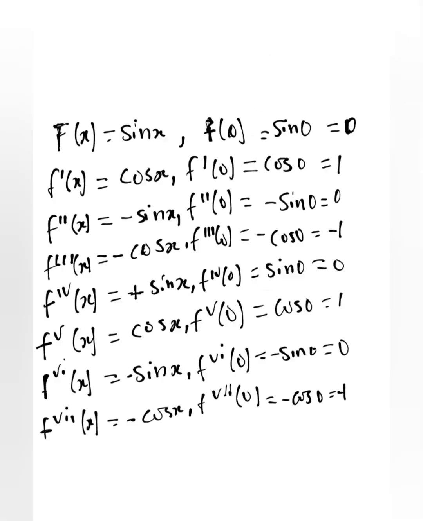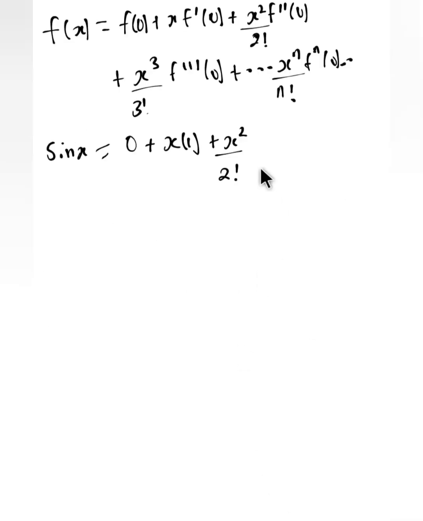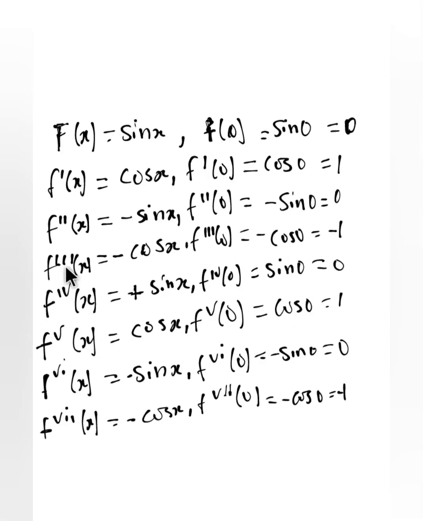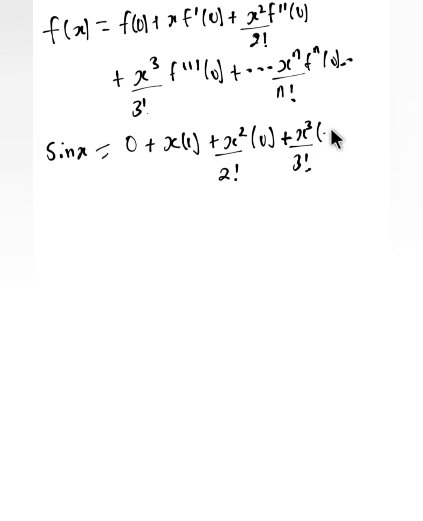Now what is f double prime of 0? f double prime of 0 is 0. So this is 0, plus x raised to power 3 over 3 factorial f triple prime of 0. Now f triple prime of 0 gives us minus 1. So this is bracket minus 1.